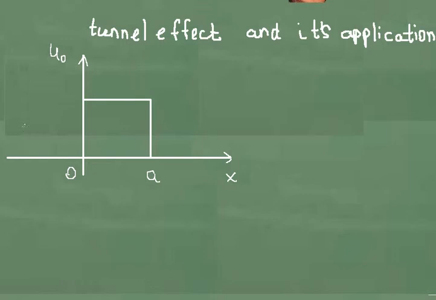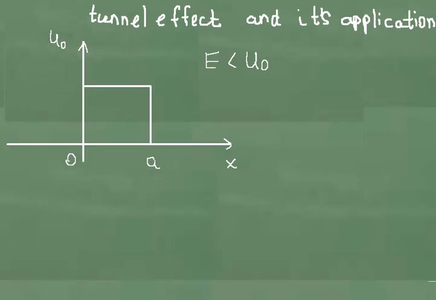in a much more useful way. And let's introduce some model where we have particles with energy E that is lower than potential barrier U0. And let's see how it could be represented using some physical implementation. Here is some area.